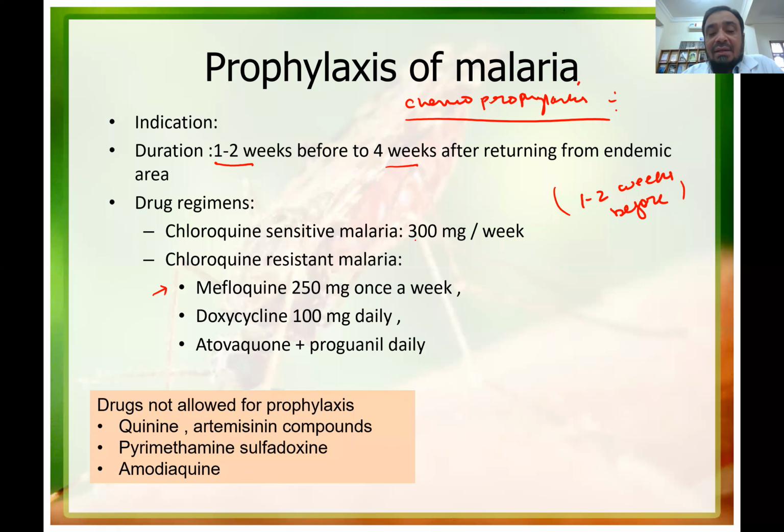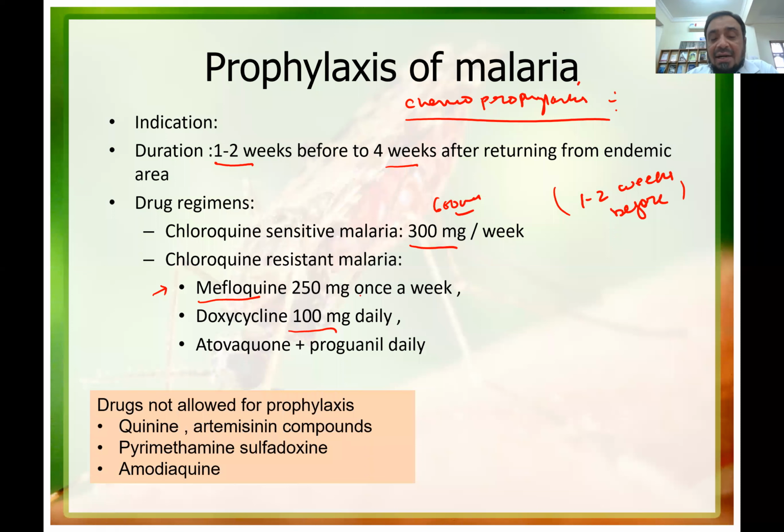So chloroquine is given when he is going to an area where there is chloroquine sensitive malaria. The loading dose is 600 milligram 1 week before, and then when the patient goes to the endemic area he takes 300 milligram per week, because chloroquine is a cumulative drug and it has a long half life. Mefloquine is used only for travelers, not for endemic malaria, 250 milligram once a week.